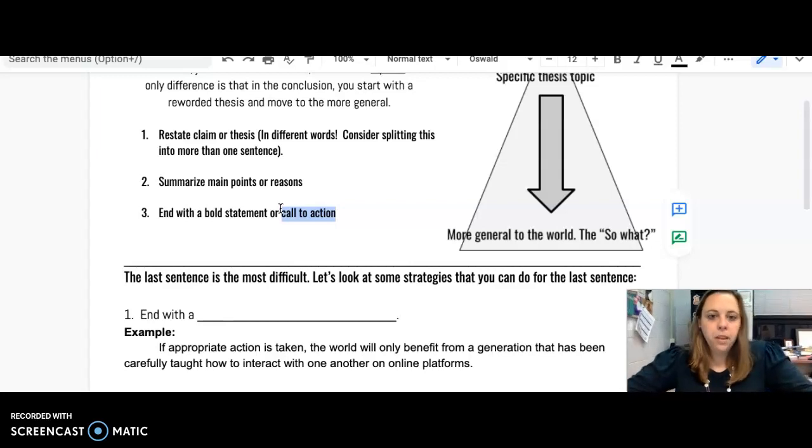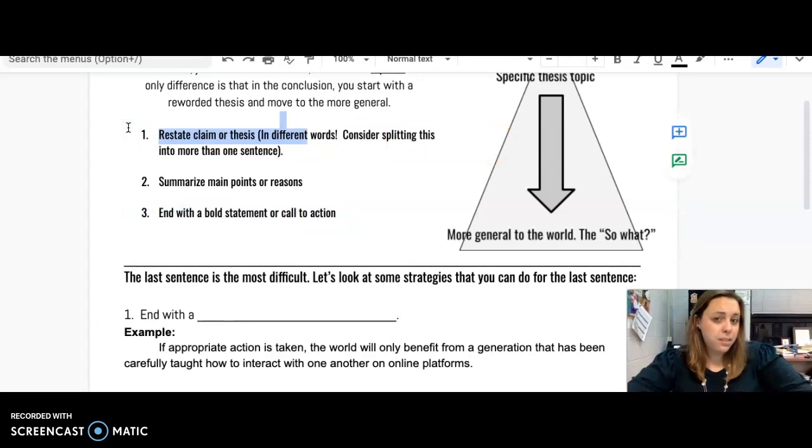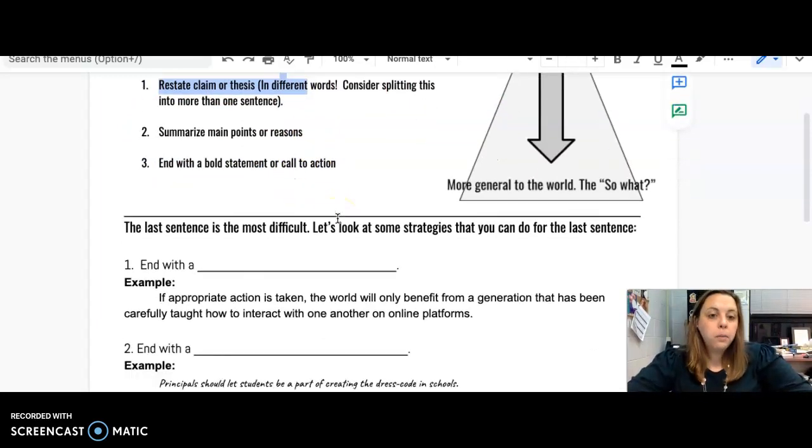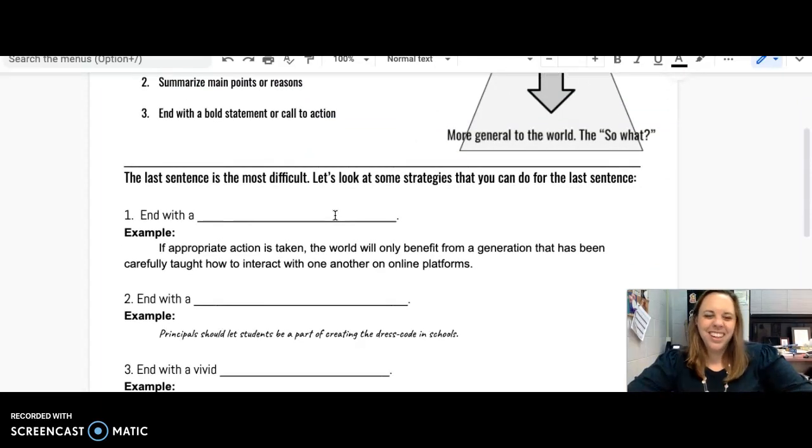So this last sentence is the hardest. The first one, restating your thesis, and summarizing your points should not be that difficult. The trouble is this last statement, kind of like the hook, right? And it makes sense because it's backwards.